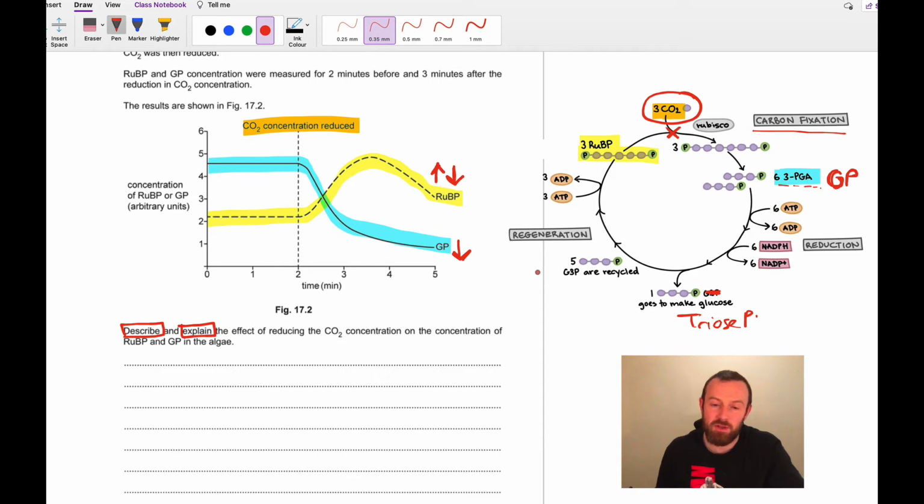The second explanation is a little bit more complex. So for RuBP, initially, if we stop this process, the concentration of RuBP will build up and become quite high because it's no longer being converted into GP. But eventually, if we aren't making any GP, then the regeneration of RuBP is also going to be affected, which would mean that its concentration would fall.